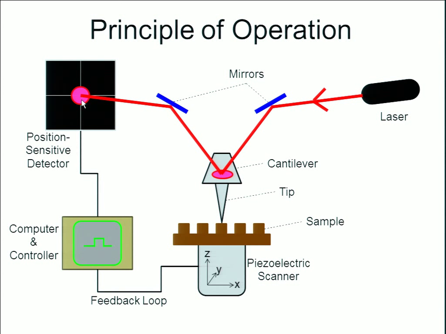We'll talk about this more later, but when you reach a feature, maybe it's going down or maybe it's going up, you'll have a certain level of deflection. That difference between your set point and where you ended up will be stored as your Z channel data. And there'll be a feedback loop with your computer that will send a signal to the piezo and tell it how to compensate. You can think of it as a compensation network.